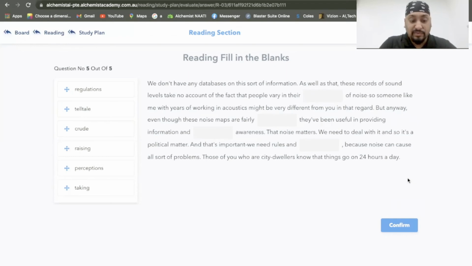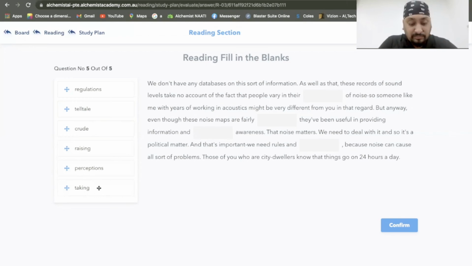Now in this case over here, it's about information, databases, acoustics, noise matters. Okay, it's about some database and some noise. Regulations is a noun, telltales is a noun, crude is an adjective, raising is a verb, perceptions is a noun, taking is also a verb.